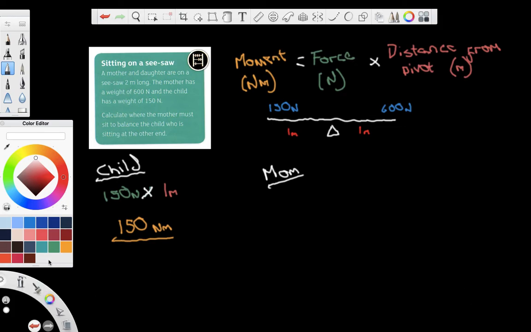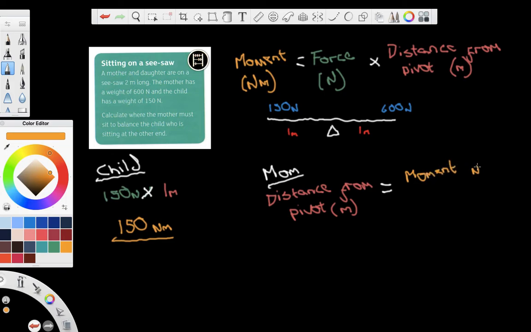So the distance from the pivot, which for this question is definitely in meters, is the moment, in newton meters, divided by the force.